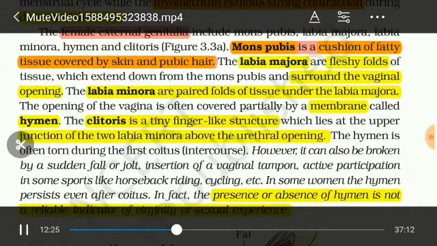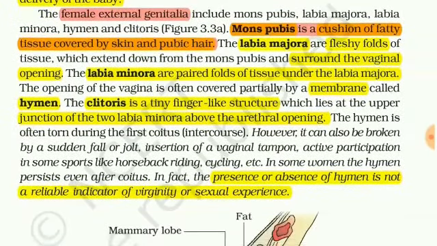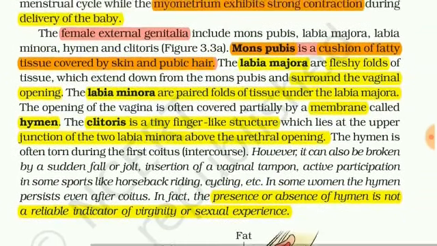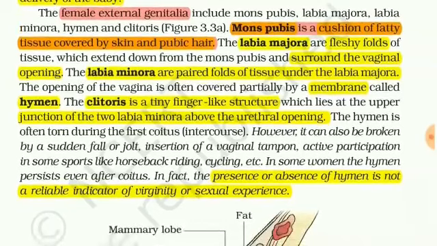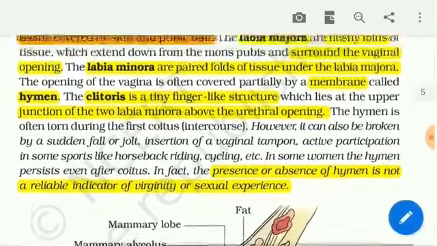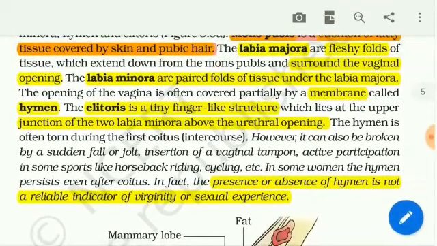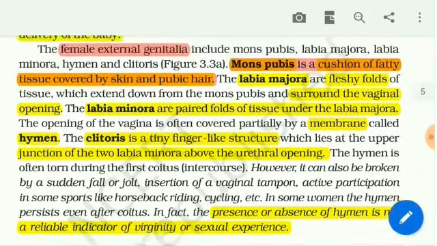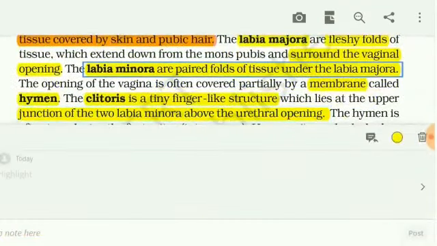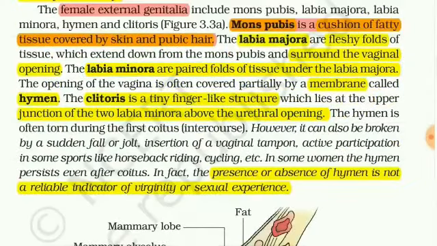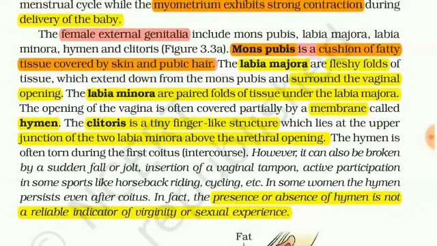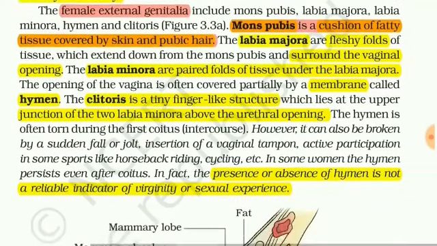Various parts are present: internal organs, external organs, and external genitalia. Among these organs, another important organ, the mammary gland, is useful for child health care, and it is closely associated with the female reproductive system and child health care.